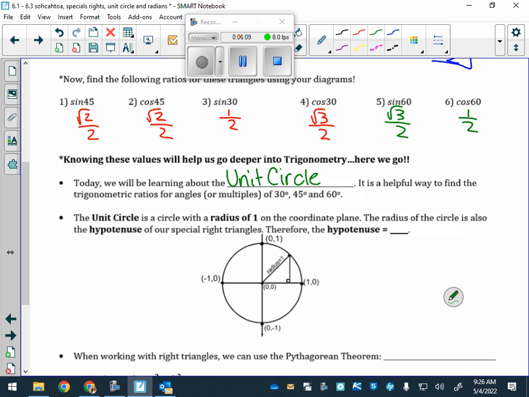We will be looking at the unit circle and filling it out from start to finish. It's a helpful way to find the trig ratios for multiples of 30, 45, and 60. Those angles you have to know; they are a must.